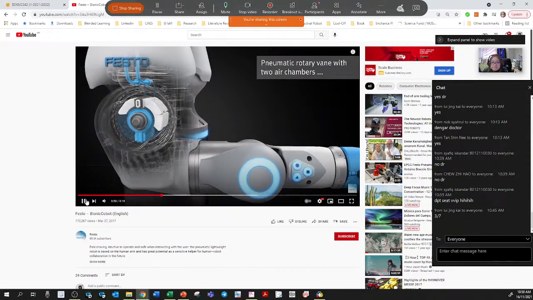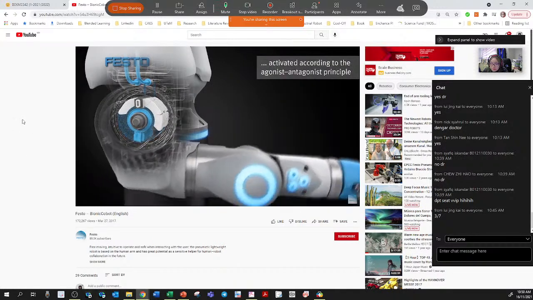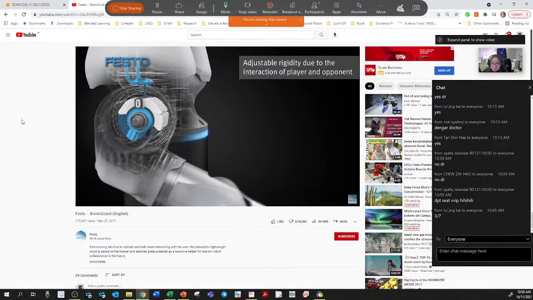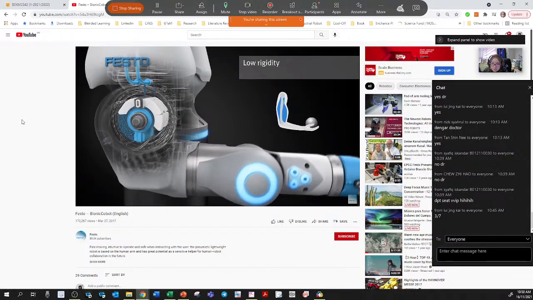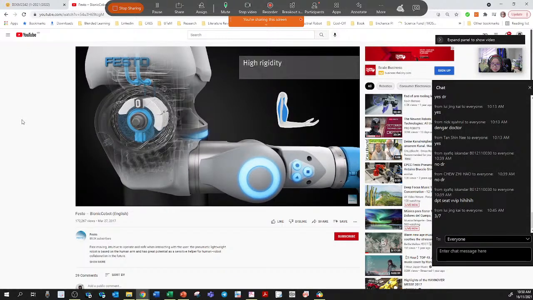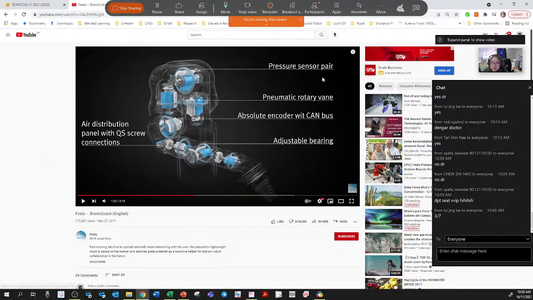Okay, this is an example of a rotary pneumatic actuator, a pneumatic actuator but of the rotary type. Okay, so can you hear the music? Can you hear it?